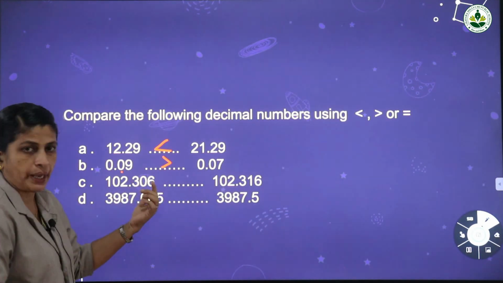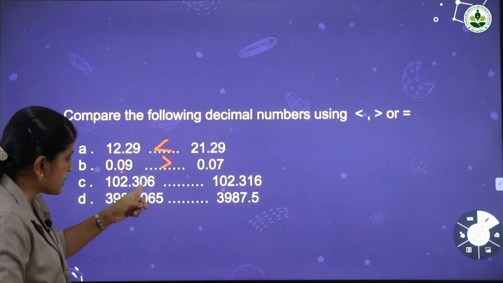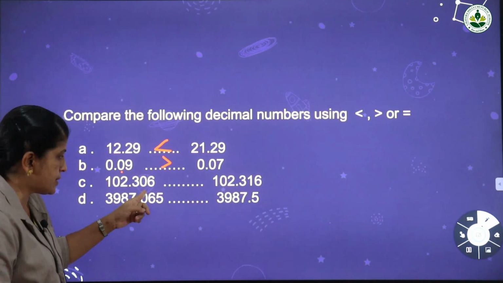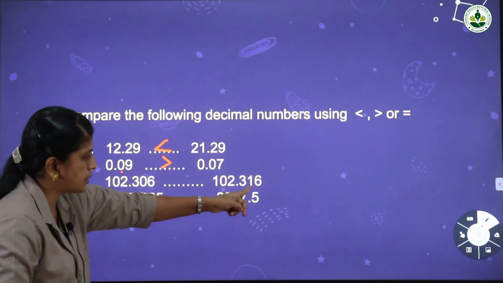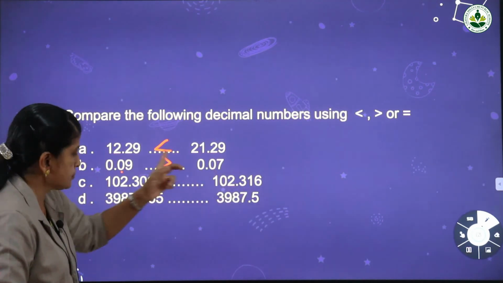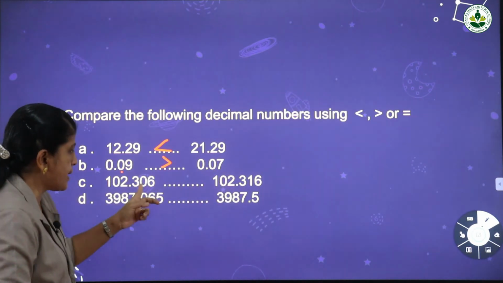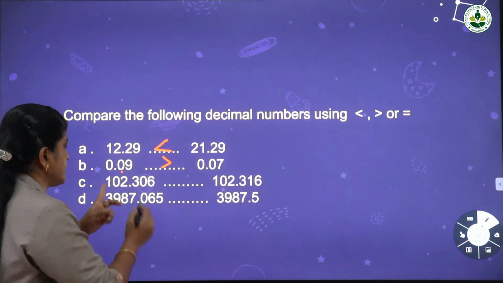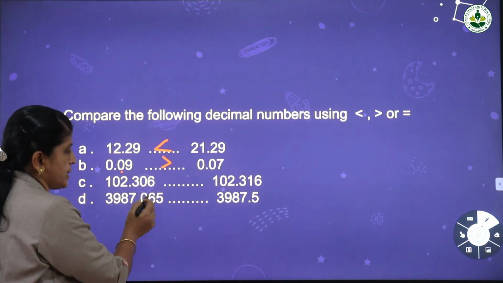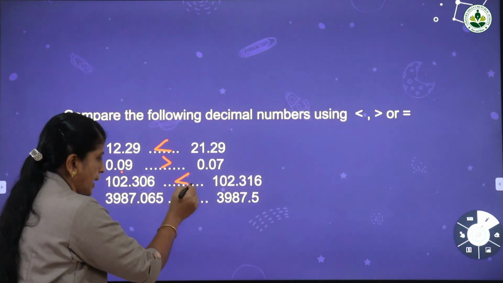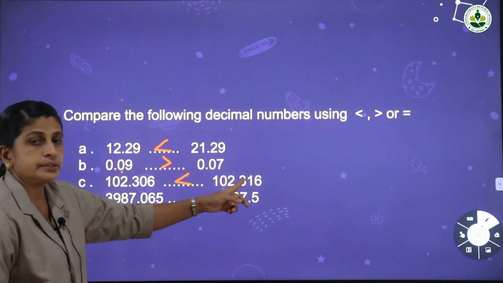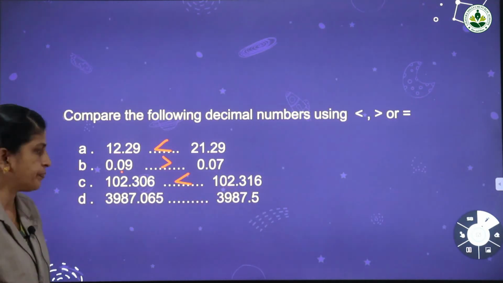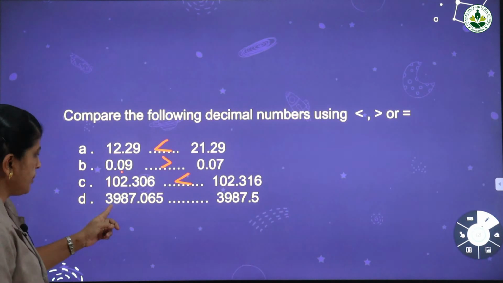Then look at the next place, the 100th place. First number 100th place digit is 0. Second number 100th place digit is 1. 1 is greater than 0, or 0 is less than 1. That means 102.306 is less than 102.316.